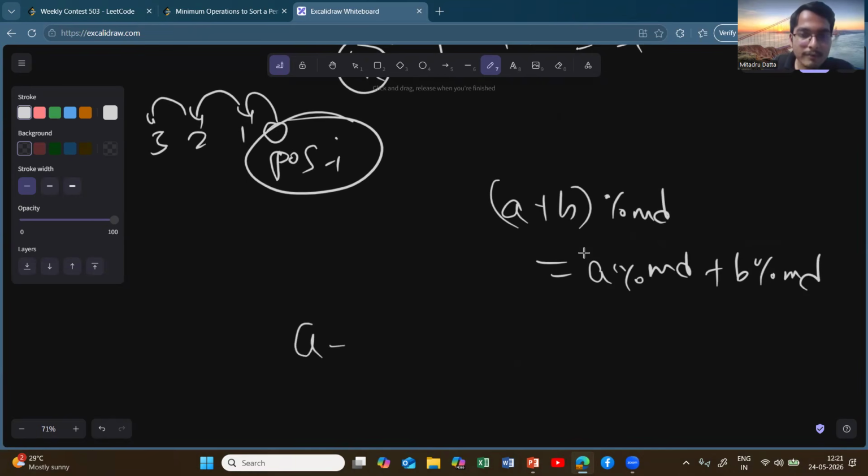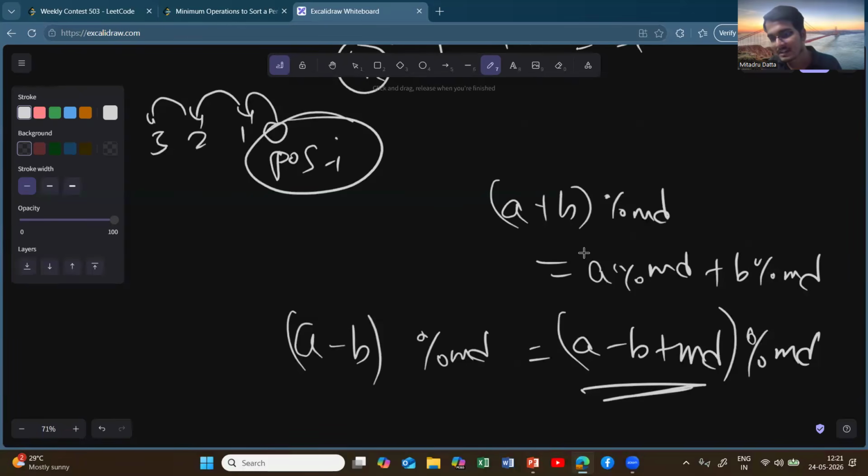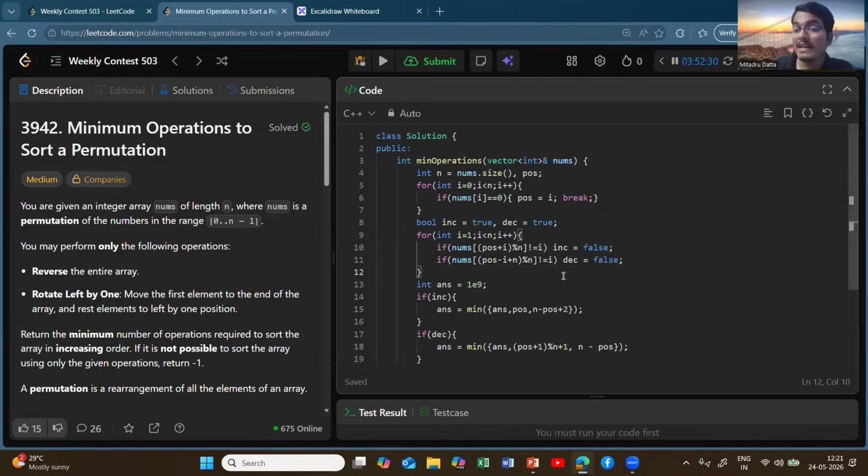But if you have a minus b modulo, this can also be a negative value. So how will you do the modulo of a negative? In this case, it is feasible to calculate this particular thing plus mod, whole modulo mod. This ensures that it always stays in the positive range of integers, and you obtain a valid modulo.